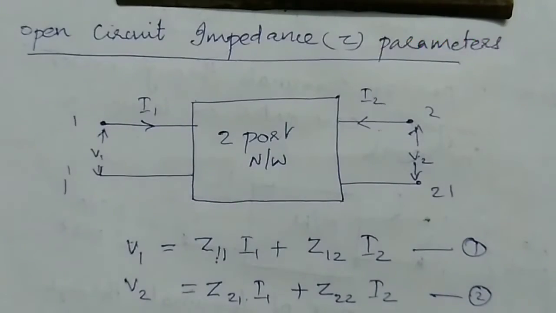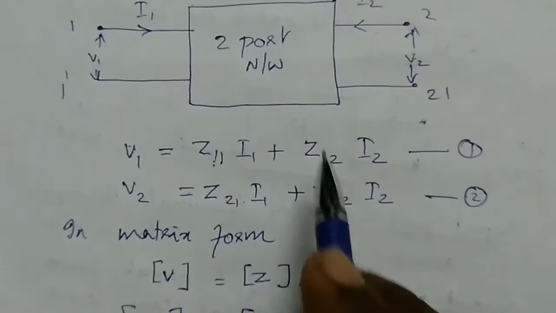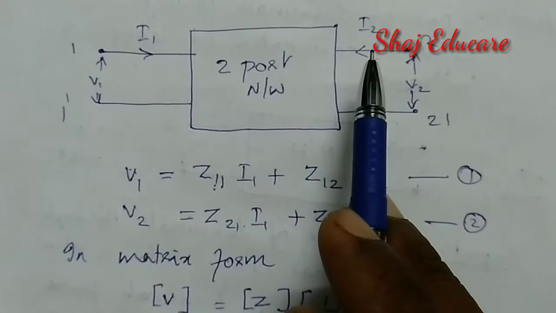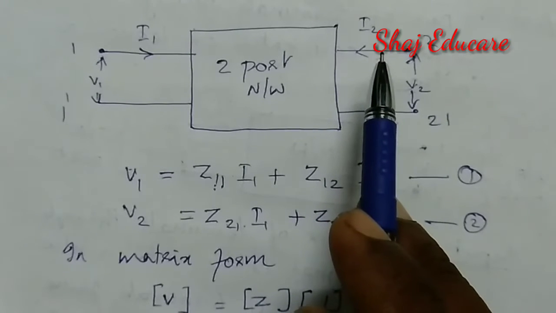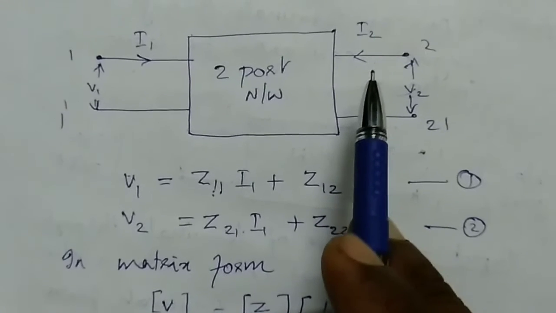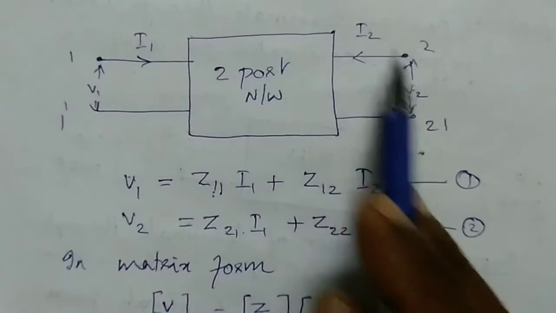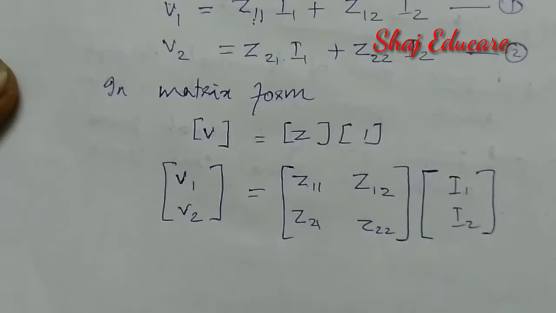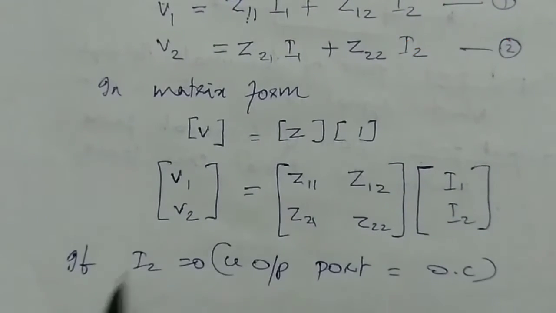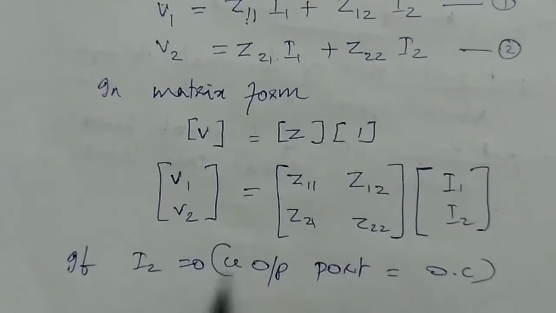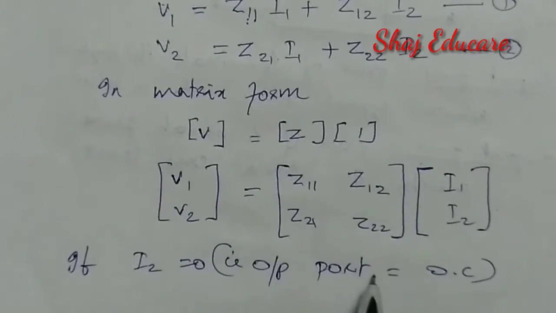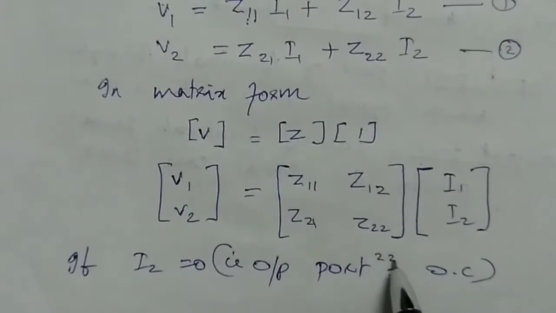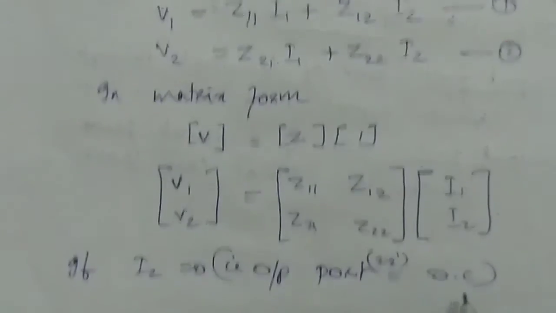So now let us make the output current I2 equal to 0. How can we do that? Just leave the output port open circuit. Now consider the situation I2 equal to 0, that is, only if the output port 2 dash is open circuited.